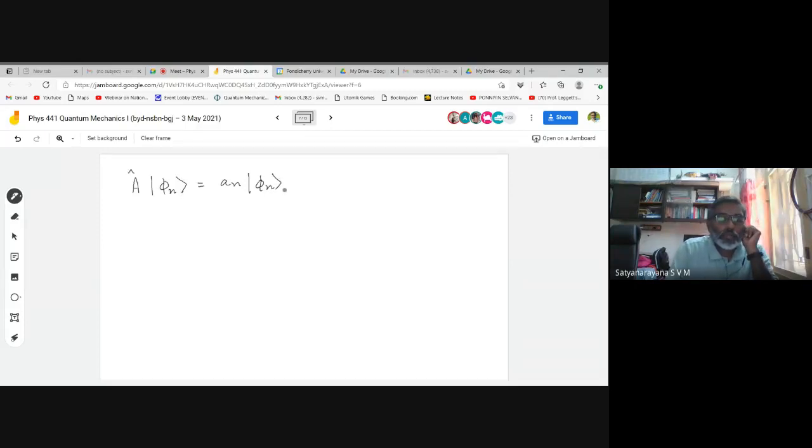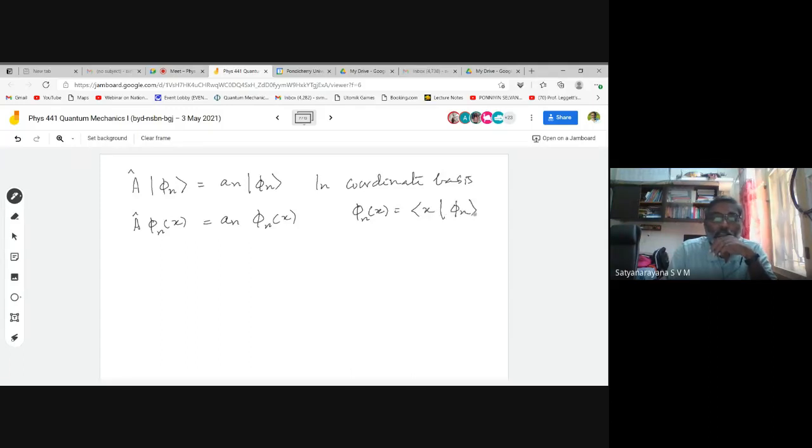In coordinate basis, I could write this as A phi n of x is equal to an phi n of x. This is an eigenfunction. That is a ket, and this is an eigenfunction. What we have seen yesterday or the day before is that this is basically the projection of phi n along the x direction. This is the definition of this function.